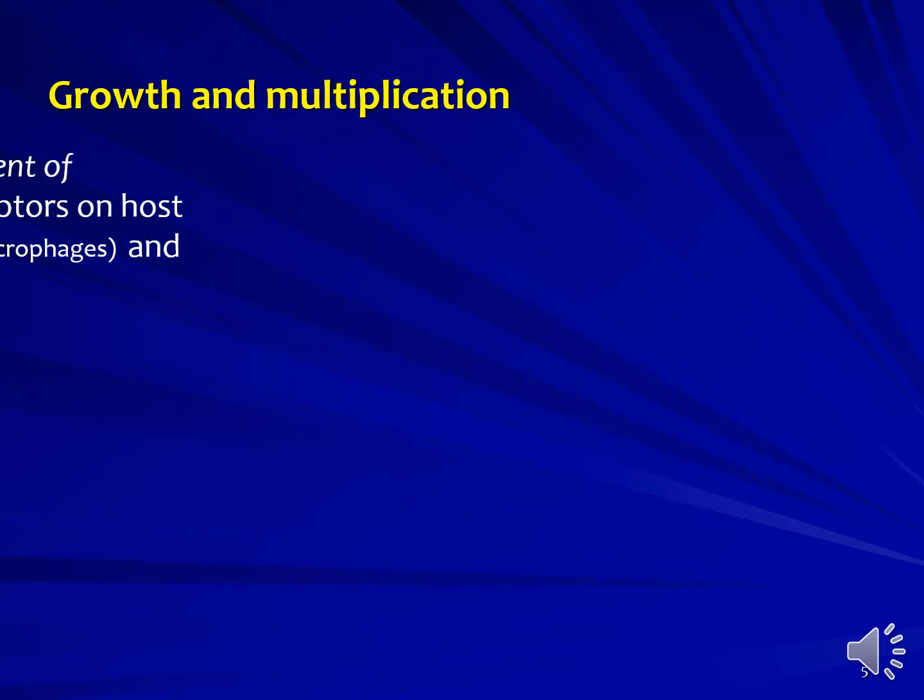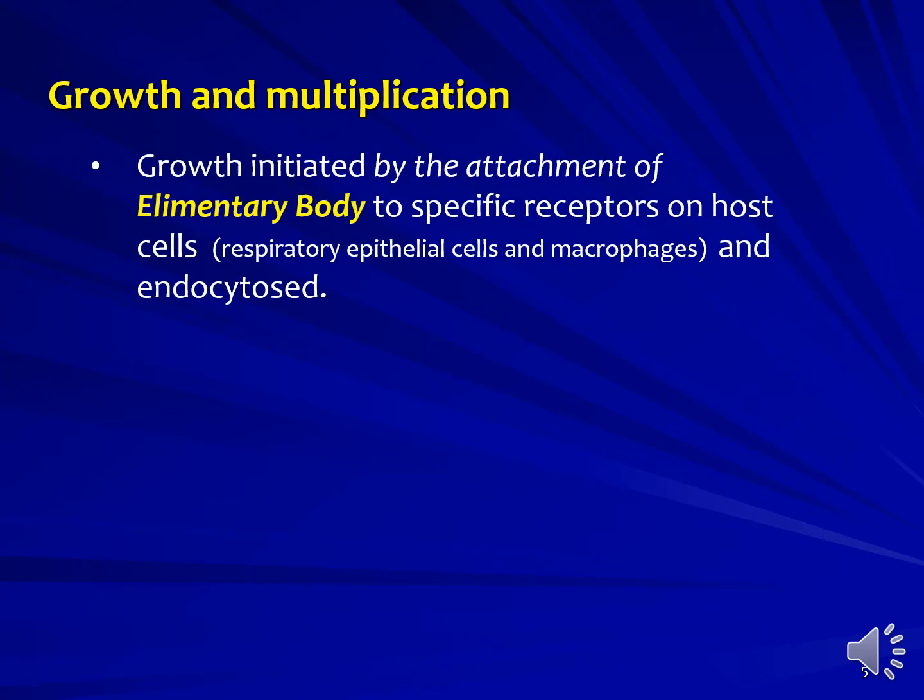If you see the growth and multiplication, the growth is initiated by the attachment of the elementary body to specific receptors on the host cells, especially the respiratory epithelial cells and macrophages, and then they are endocytosed.